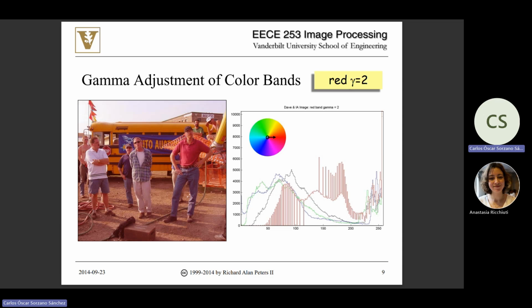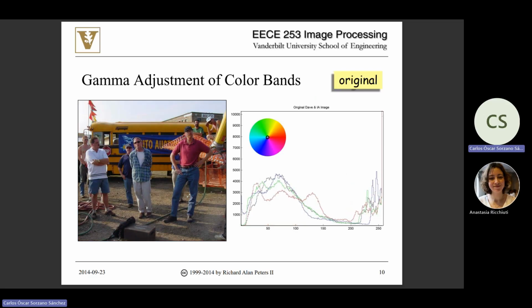And now you take the red band and you apply a gamma transformation by a factor 2. Gamma transformation, we already know, is one of these point transformations. And if you remember, what it did was shifting all the values up. So shifting the values up means that now all the red values, the other two channels stay the same, but all the red values will be shifted up, so the image will become more red.